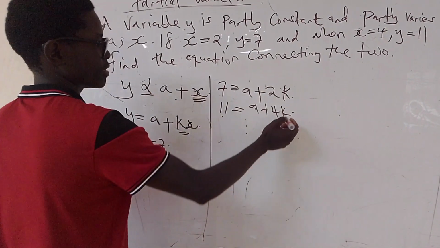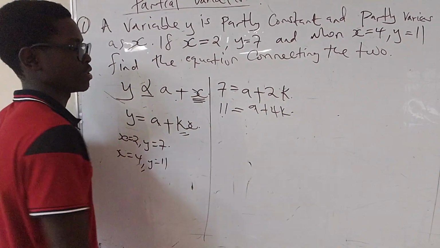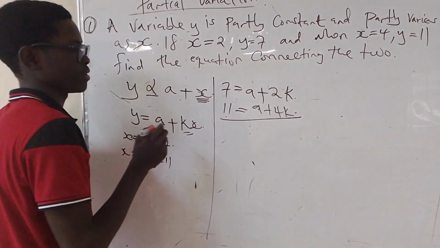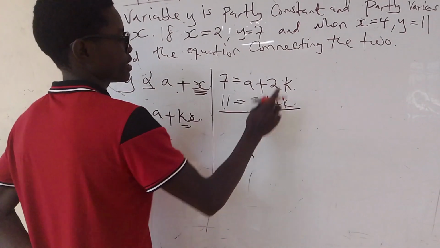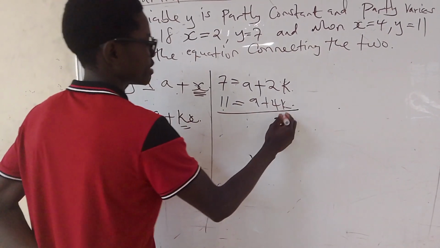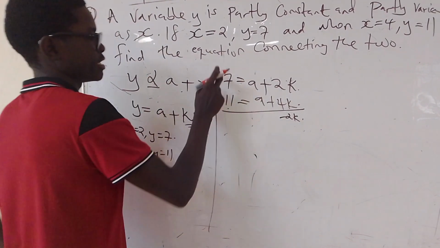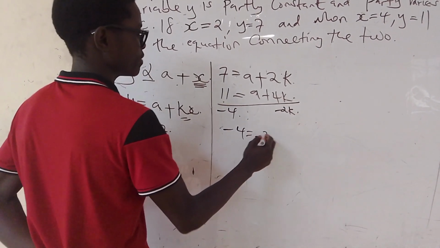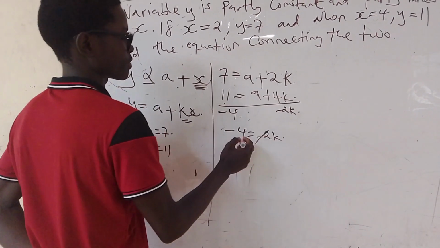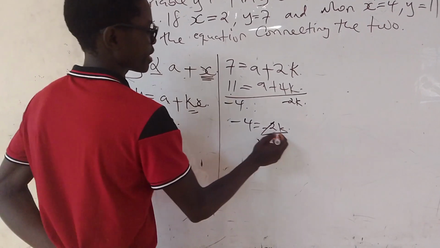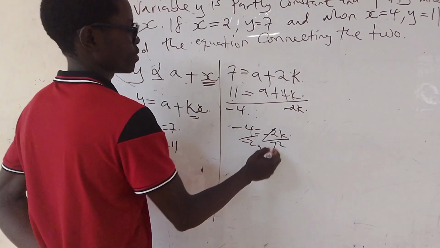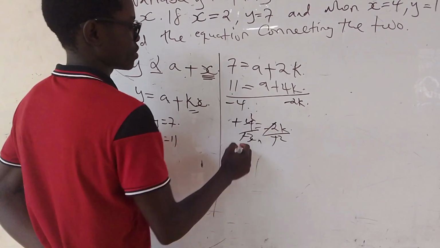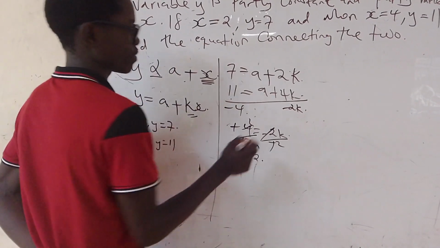These are simultaneous equations. We use the elimination method, so we eliminate a. That is 2k minus 4k, that is negative 2k. Then 7 minus 11, that is negative 4. So negative 4 is equal to negative 2k. Divide by negative 2, divide by negative 2. K is equal to 2.